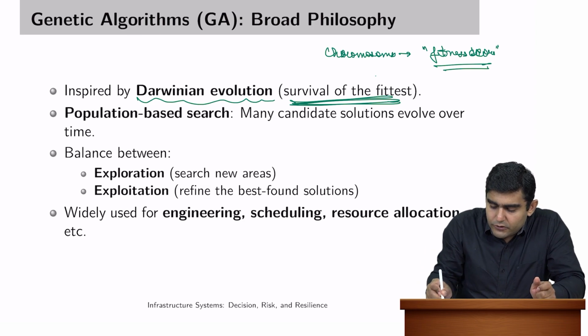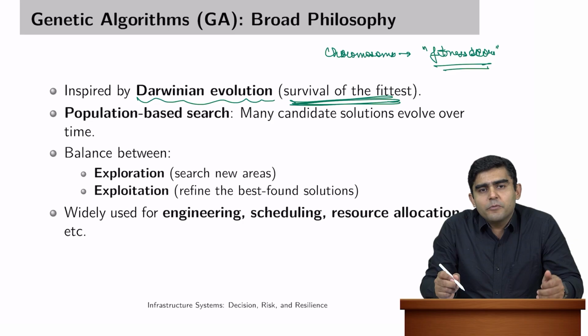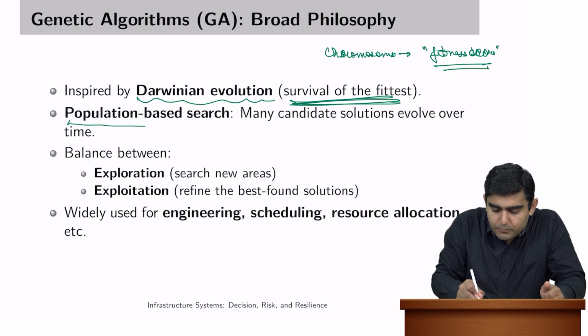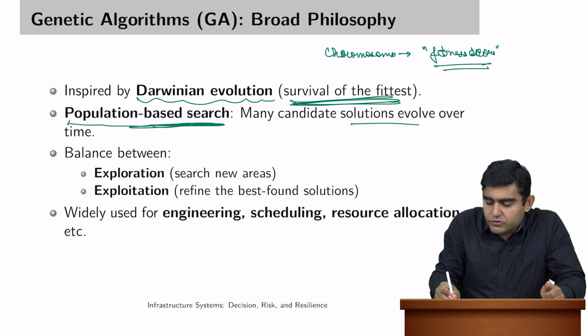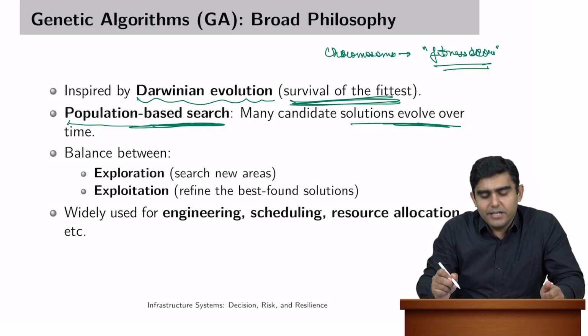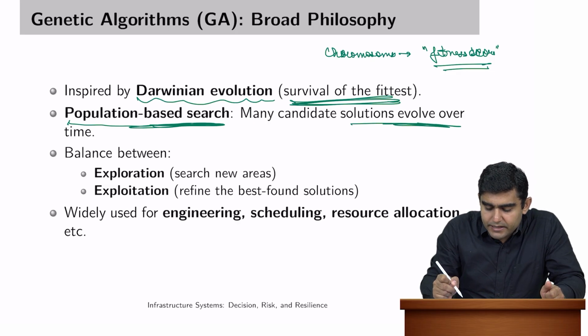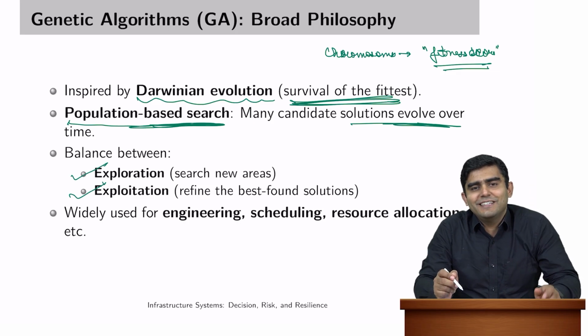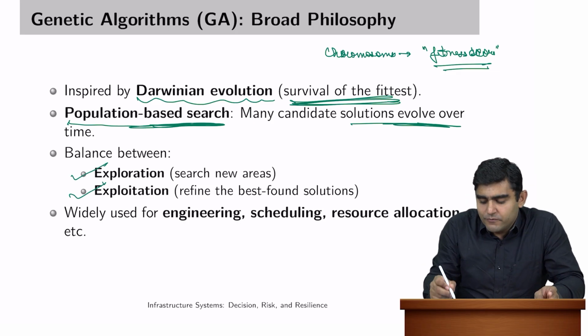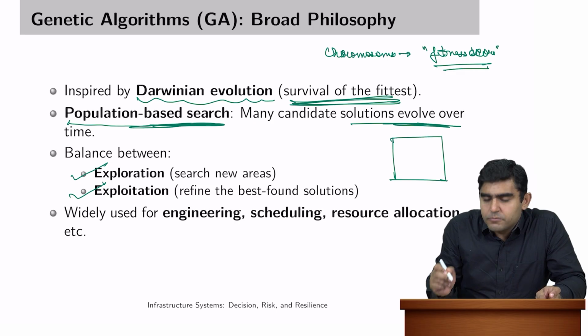As we are using the word population again and again, it makes genetic algorithm a population-based search where many candidate solutions evolve over time. It is a balance between exploration and exploitation. These are two very important words whenever we talk about search-based algorithms.